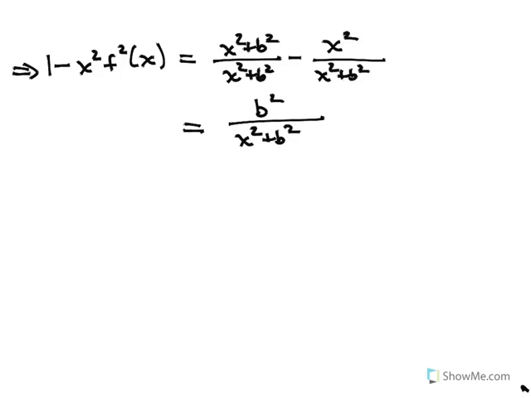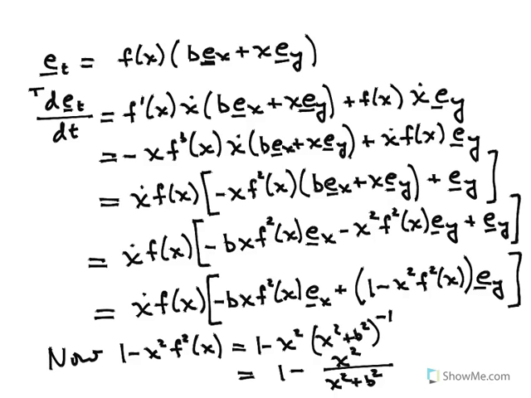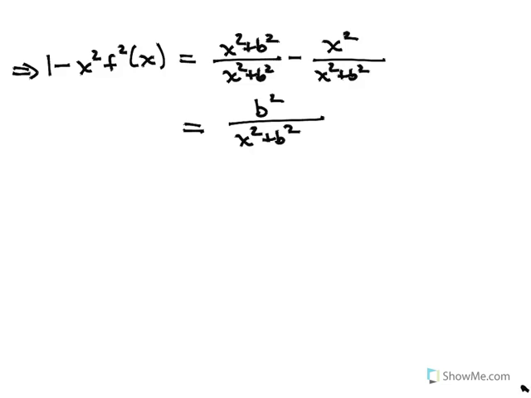So now, if you look at this expression, I can substitute it in, because 1 minus x squared times f squared of x, given that x squared plus b squared is in the denominator, is now equal to b squared times (x squared plus b squared) to the minus 1, which is equal to b squared times f squared of x.